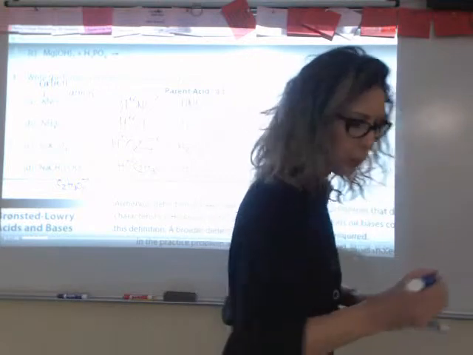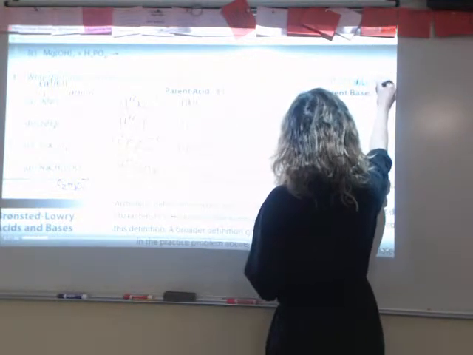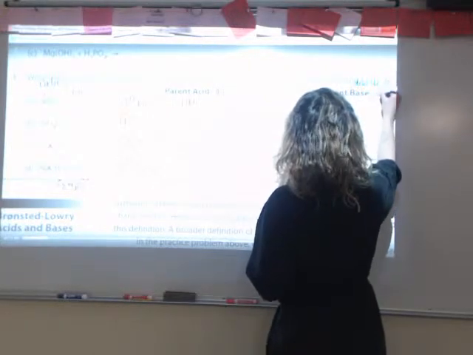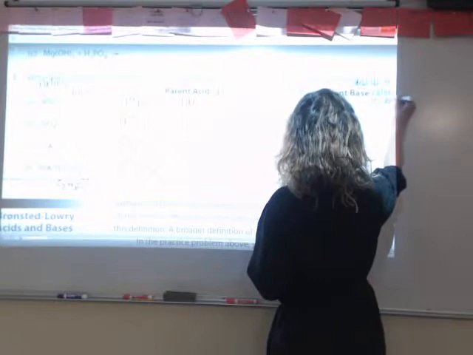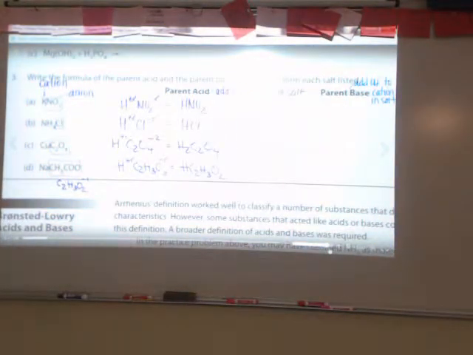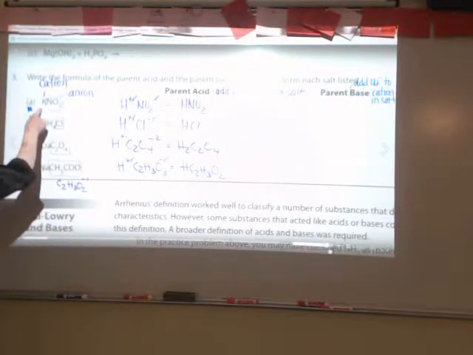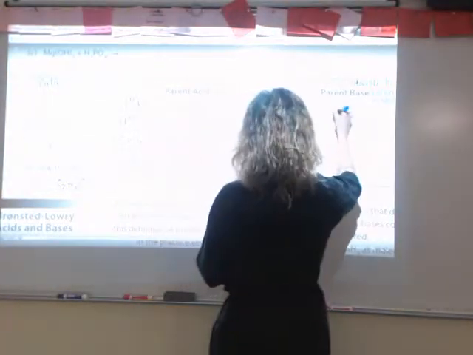If you're going to write the parent base, you're going to add a hydroxide ion to the cation in the salt. So here, my cation is potassium, so I would get KOH.